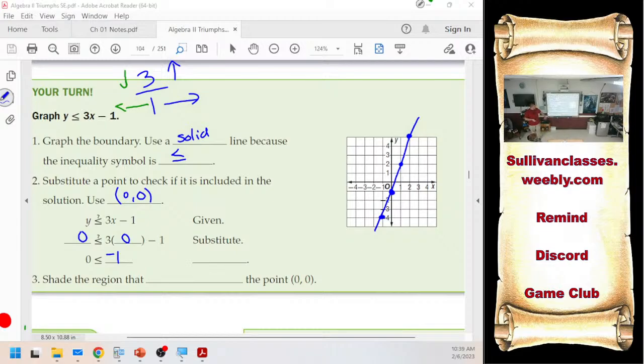False. Being flat broke is not worse than owing someone money. So this is false. Shade the region that doesn't include it.